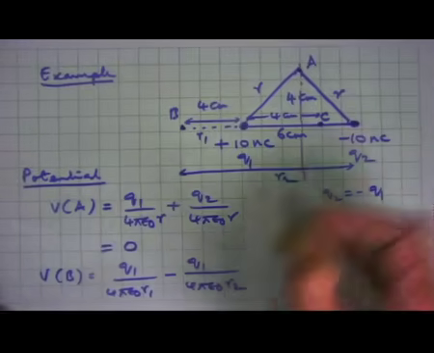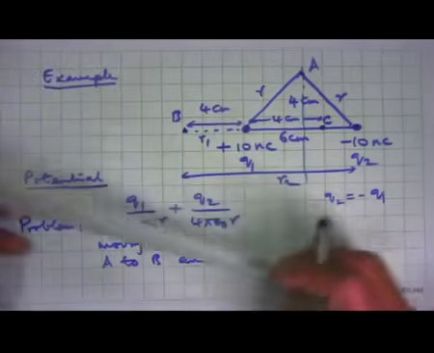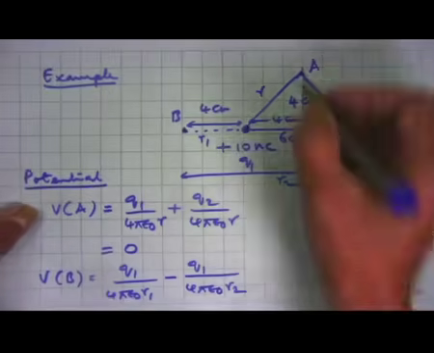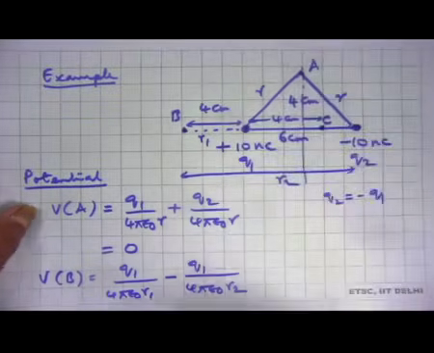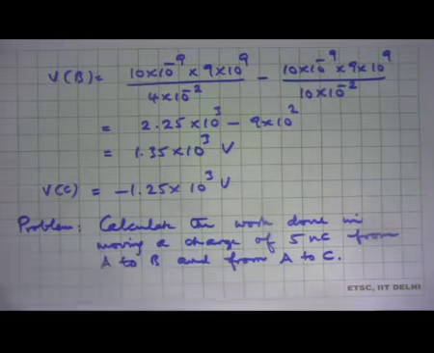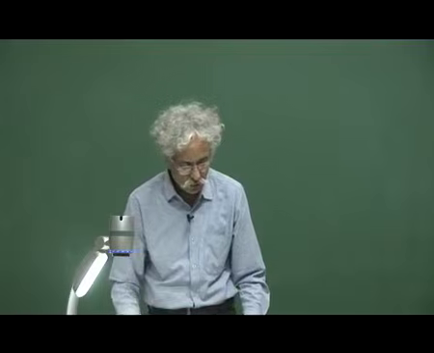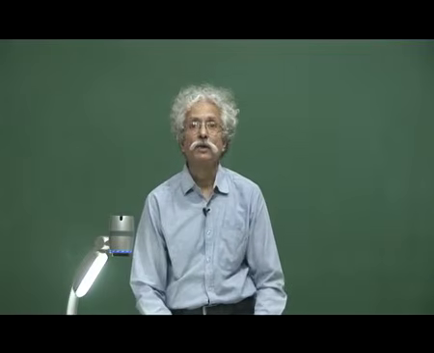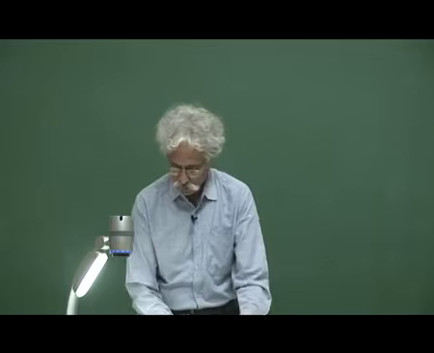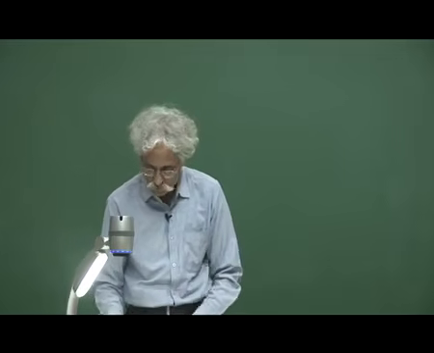Please calculate what is the work done in moving a charge of 5 nanocoulomb from A to B and from A to C. I leave the paths to you, choose appropriate paths to calculate the work done. So, it is an interesting exercise for you to understand calculation of forces and the potential differences.